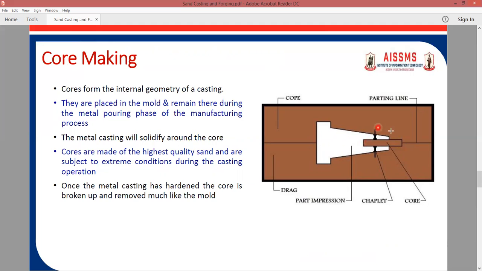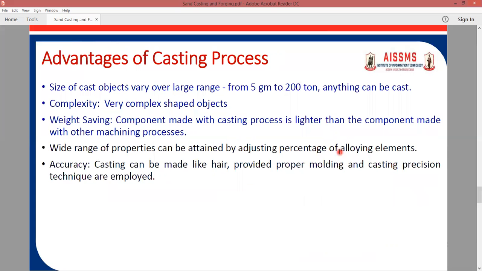So this part will resist the molten metal from flowing at this place, leaving behind a hole or hollow cavity at this place. So in order to manufacture a hollow cavity, you have to design a product which is placed in a cavity, which prevents the molten metal from entering the cavity, hence a hollow casting is generated. So this is core manufacturing.